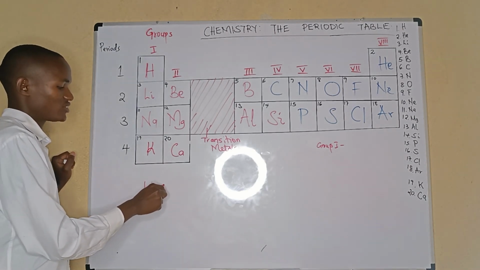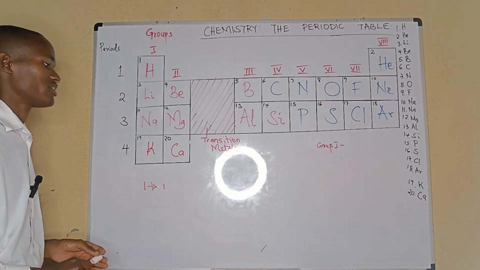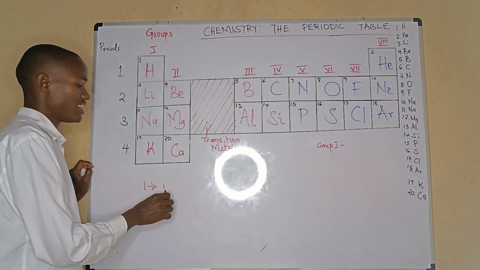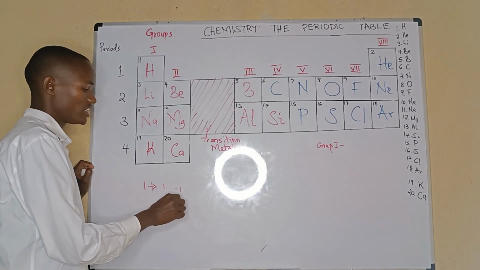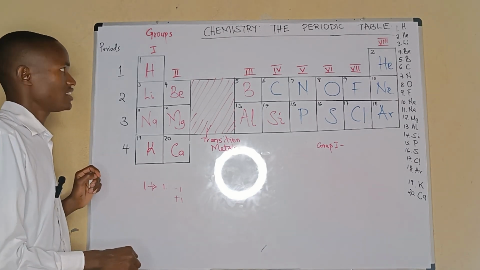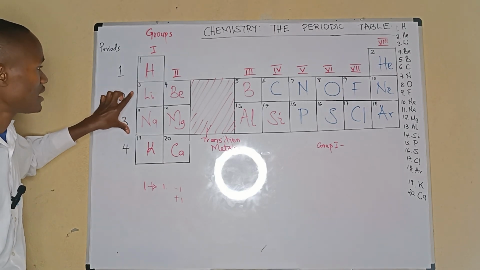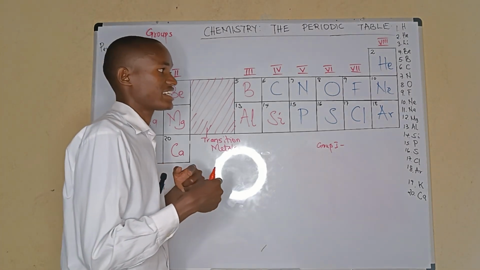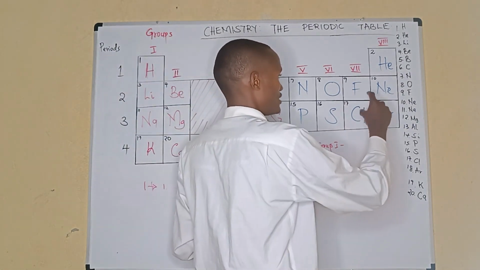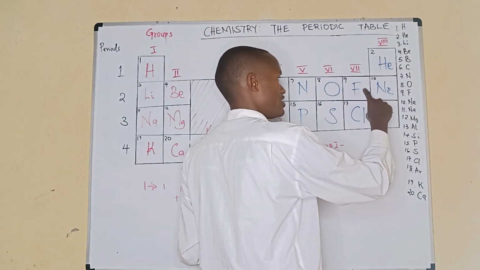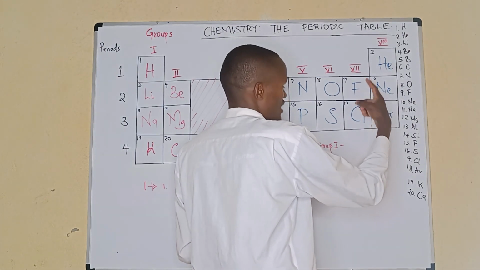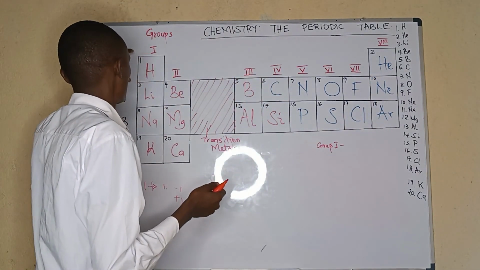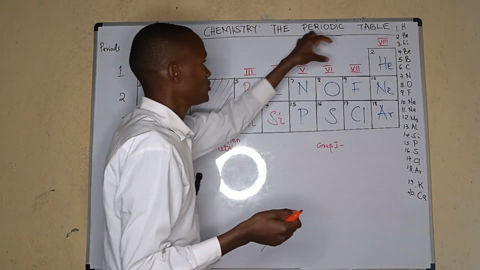It has a configuration of 1. To gain stability, it can either lose 1 or gain 1 electron. It can lose 1 just like these alkali metals, or it can gain 1 like these elements here, group 7, called halogens. That is why it can fit in either group 1 or in group 7.